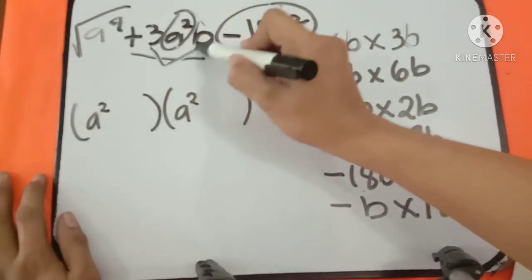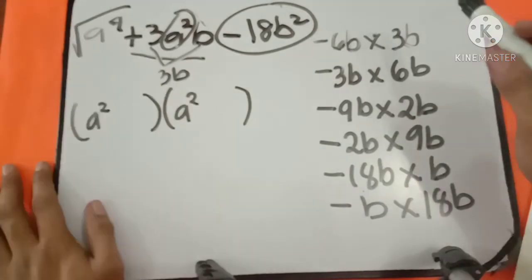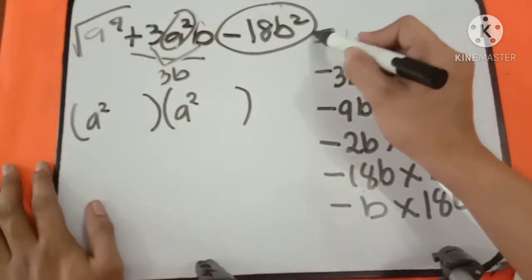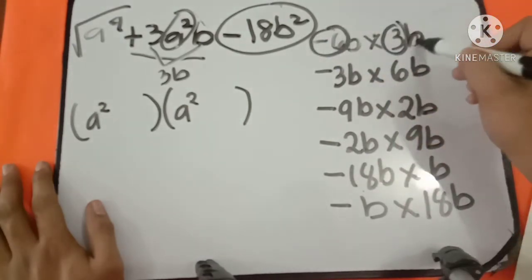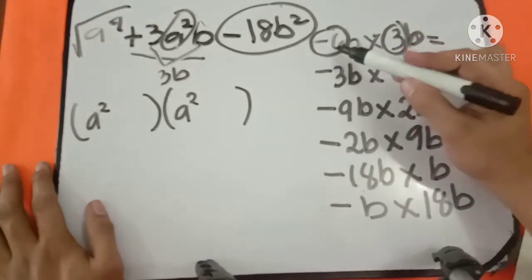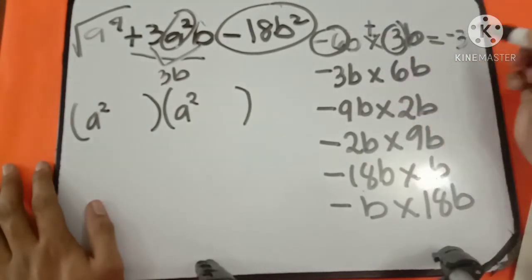Our target is positive 3b. So let's add. We just take first the coefficients. We have to disregard the variable. Okay? Negative 6 plus 3 is negative 3. Then we just copy the common variable b.